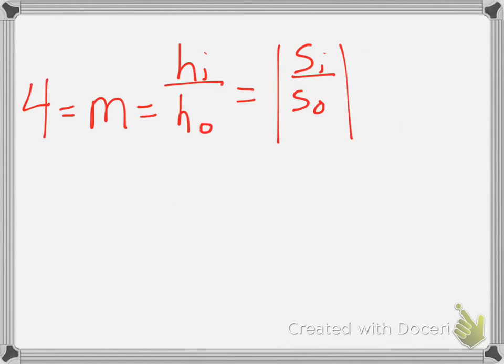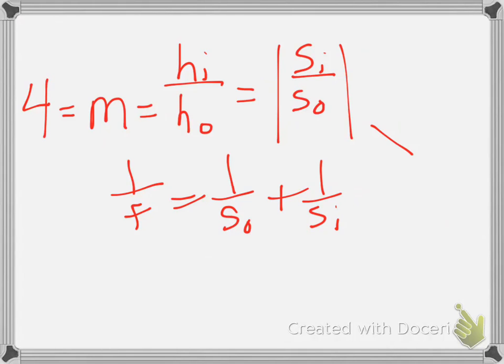The problem is that not every ratio that produces 4 is going to be possible when you're given a mirror of a certain radius of curvature, because of our other formula that 1 over F has to equal 1 over SO plus 1 over SI. Both of these have to be valid and still give you a magnification of 4.